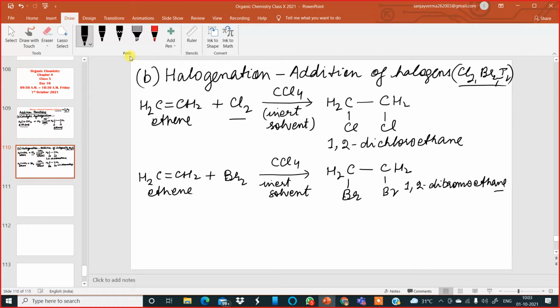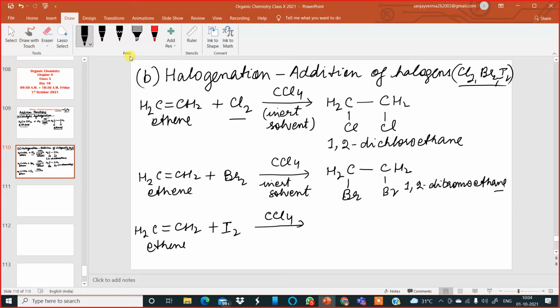Then the next example is the reaction of iodine with ethene. Here also I can write down the formula of ethene, H2C double bond CH2. Plus I can react it with iodine, I2, in the inert solvent, carbon tetrachloride.